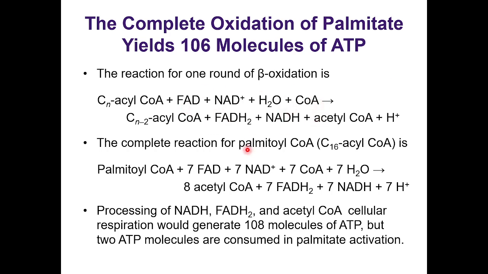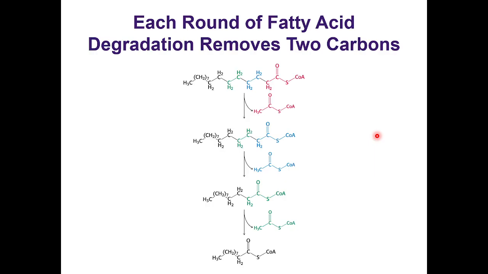The complete reaction of, for example, palmitoyl-CoA, a C16 fatty acid, would be this right here. And so we have this process happening how many times for a C16 fatty acid?